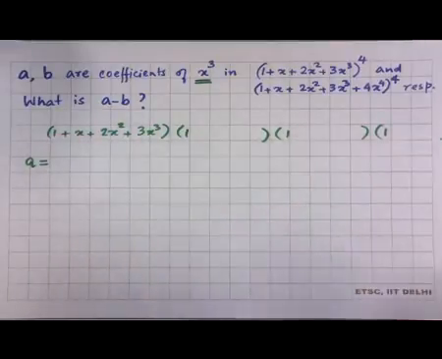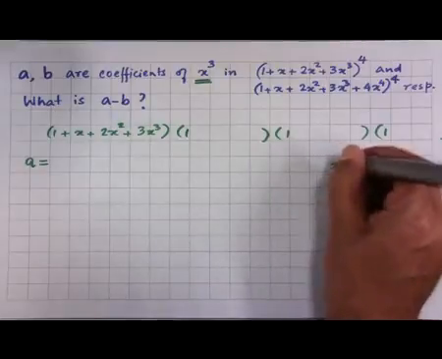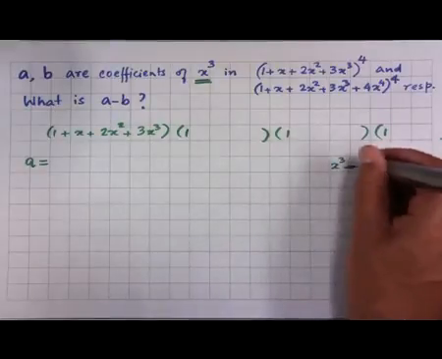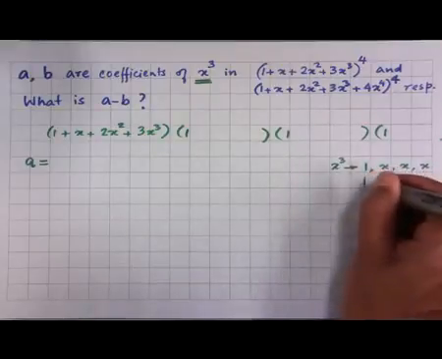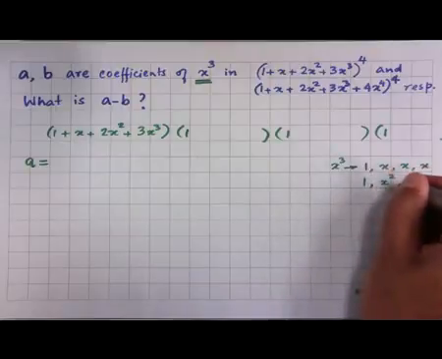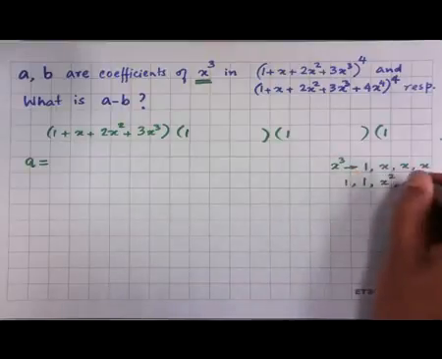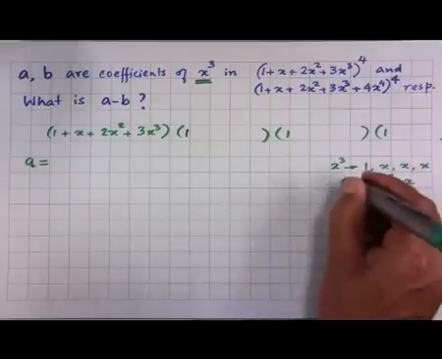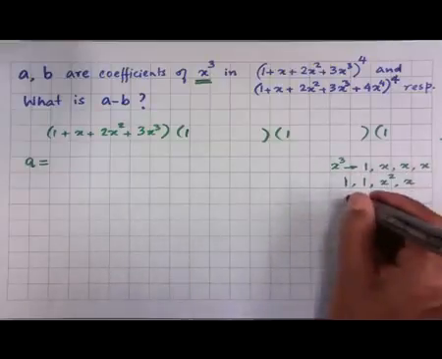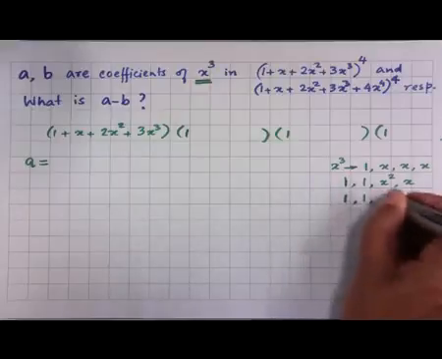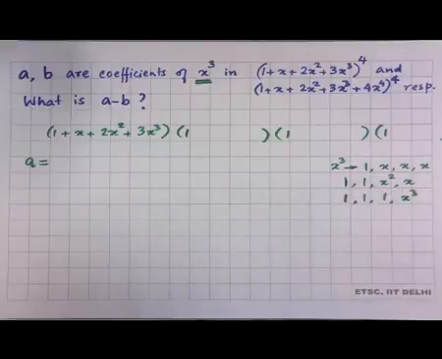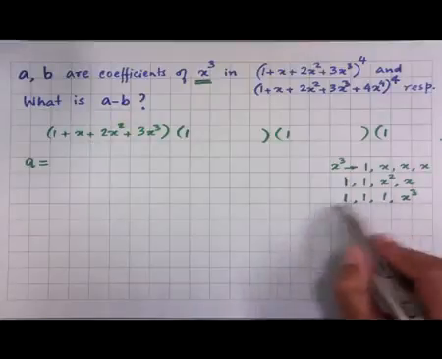Okay, let us do it like this. X cube, you can have 1 x x x, you could have it as 1 x squared and x, right. You could have it as 1 1 1 and x cube. Okay. If any of the terms is x cube, the remaining 3 terms have to be 1.